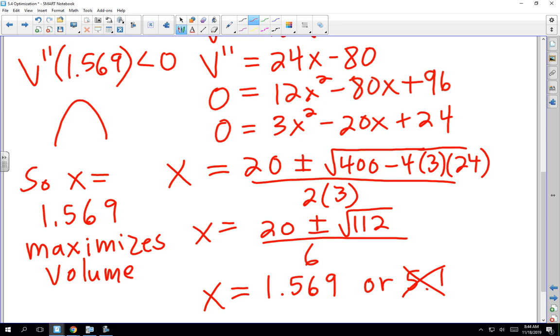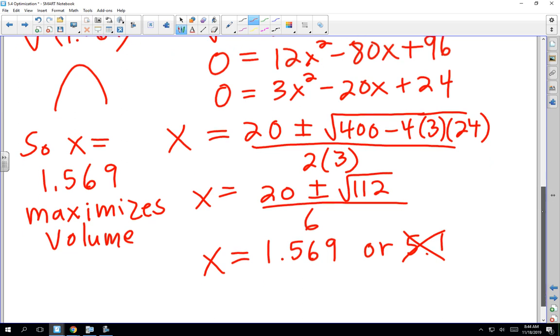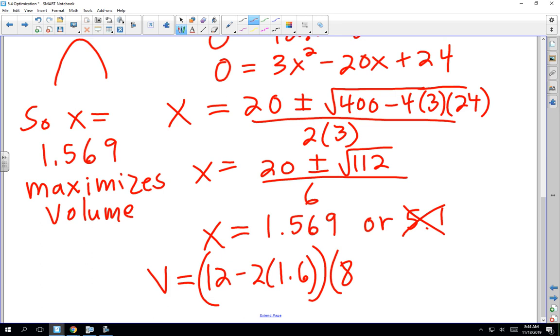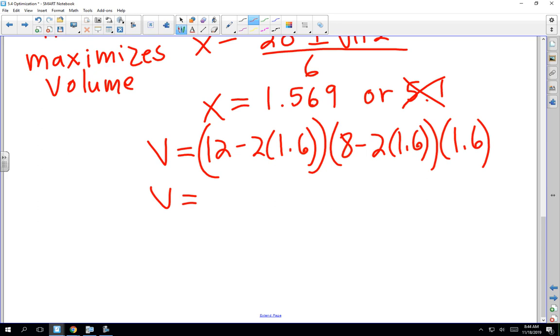But we have about 1.6, and the volume we get is, we just plug it in, 12 minus 2 times 1.6, 8 minus 2 times 1.6, and then times 1.6. And I get my volume.